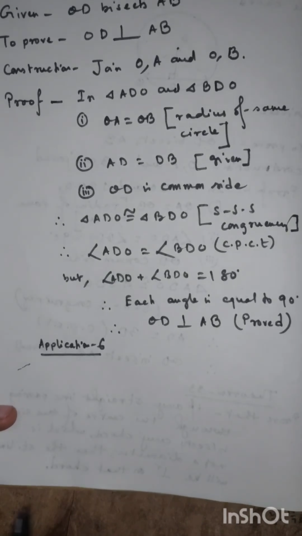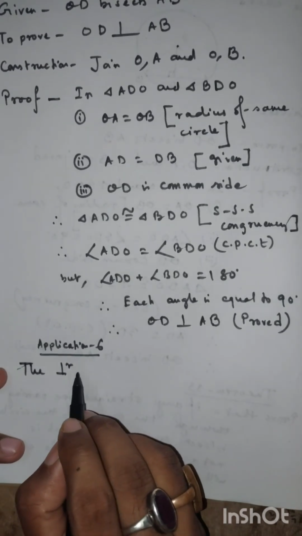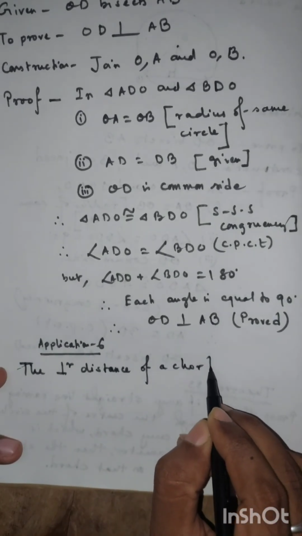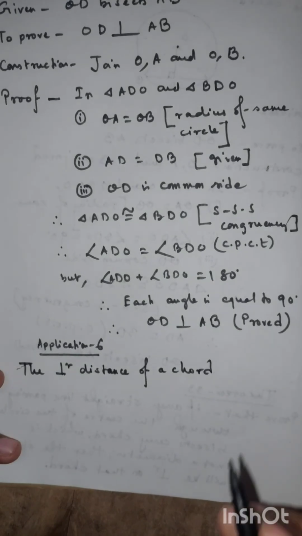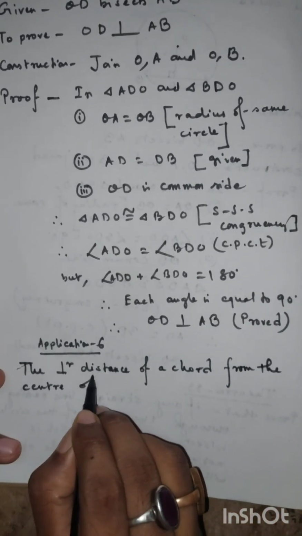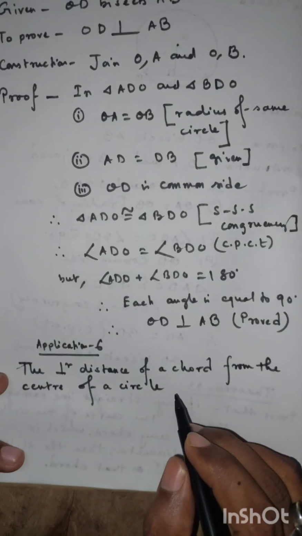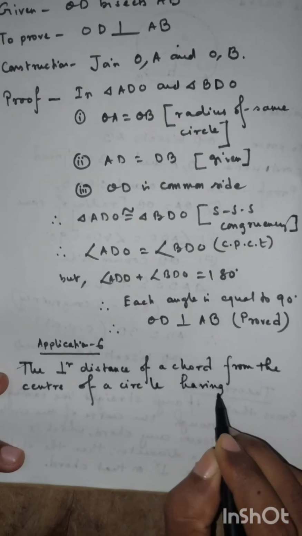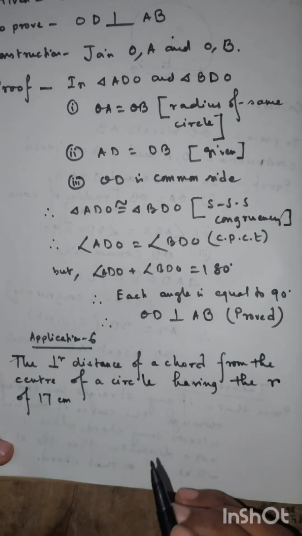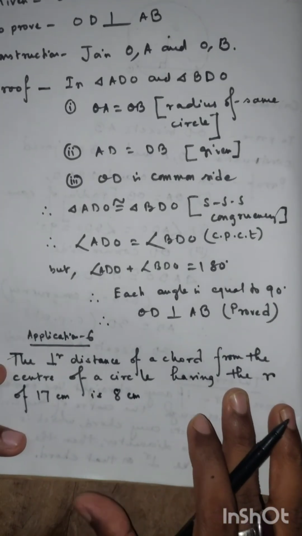It says the perpendicular distance of a chord from the center of a circle having the radius of 17 centimeter is 8 centimeter in length.